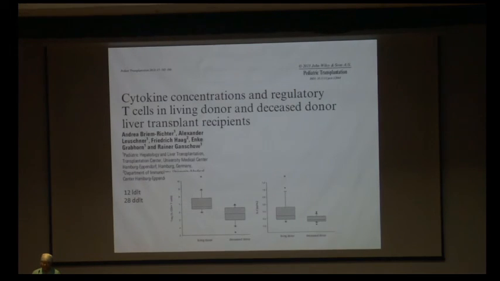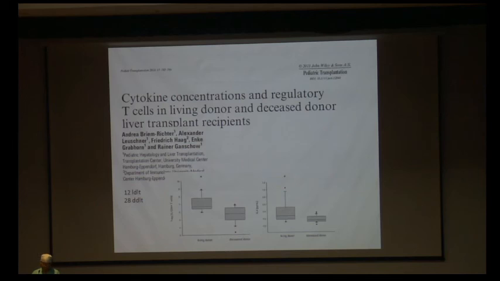One interesting paper I came across was on cytokine concentration and regulatory T cells in live donor versus deceased donor. There has been debate that live donor doesn't require much immunosuppression, but when we see the literature, there is not much literature. It's both. Sometimes they say deceased donor requires less immunosuppression, sometimes they say live donor requires less immunosuppression.